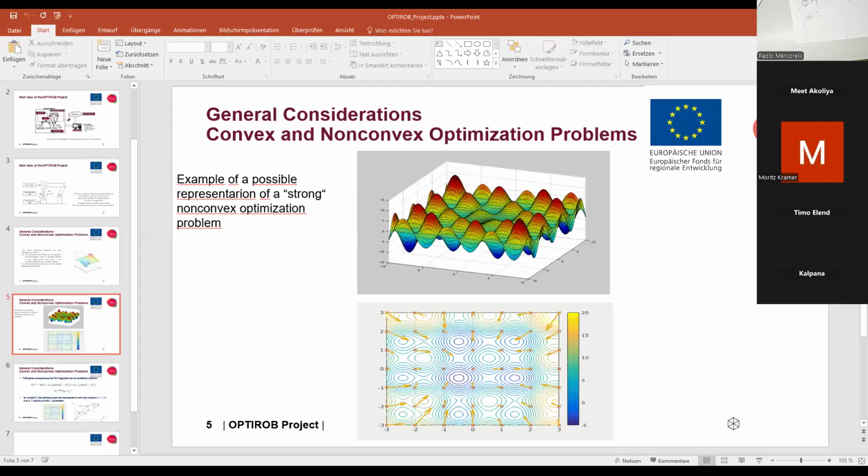We have in the lower part of this picture all the information which we have in the upper part, in which we can see valleys and we can see hills.